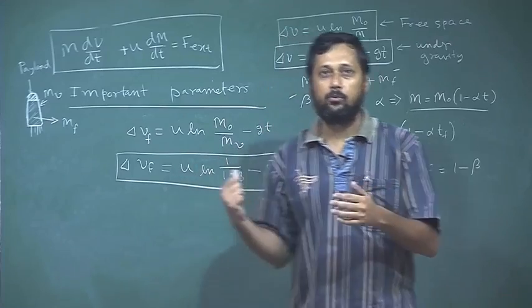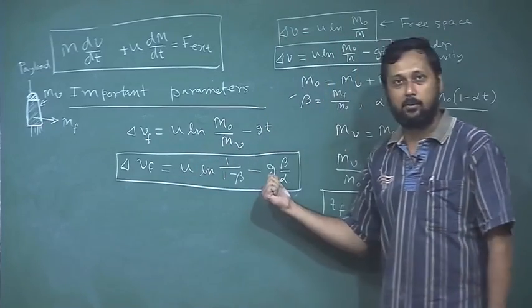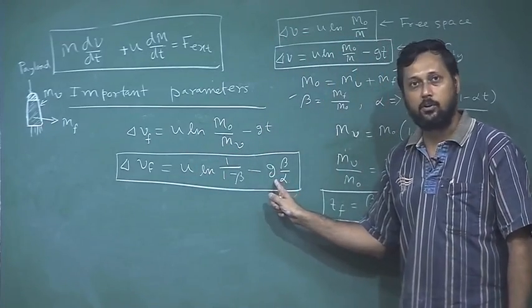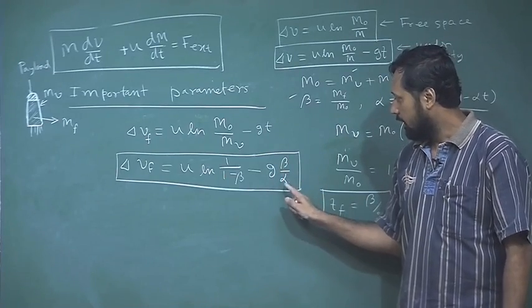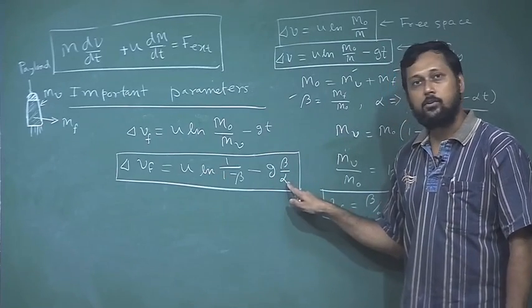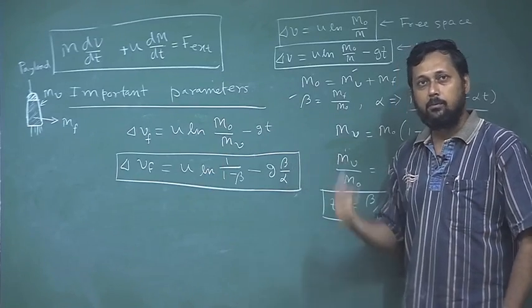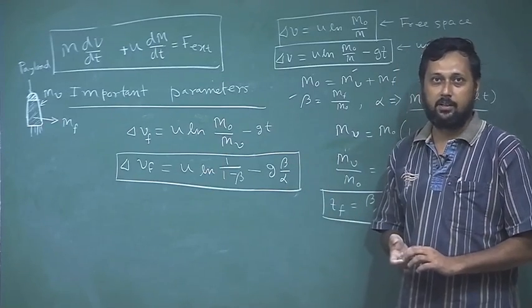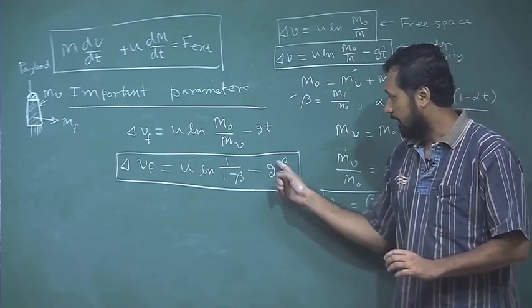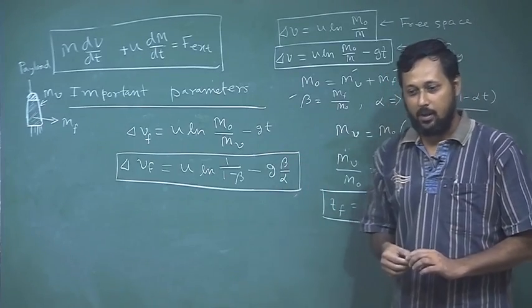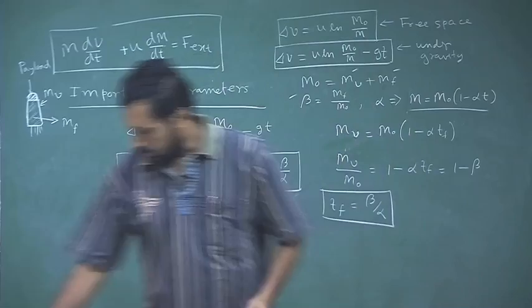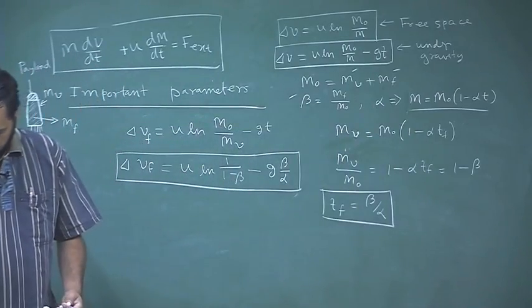But when we have a gravitational pull, it is also important at which rate you exhaust the fuel. And what was the propelled mass fraction? So, there is a competition between this and this.